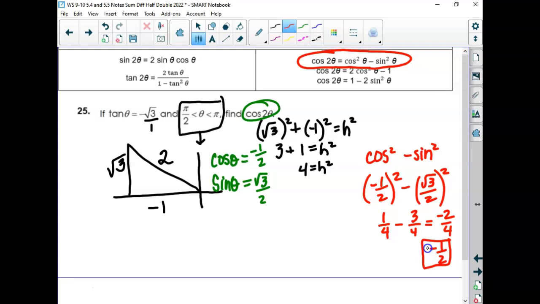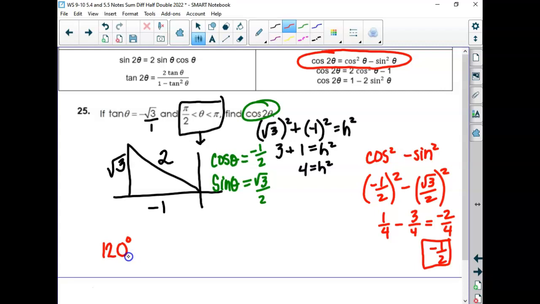Can we talk real quickly through that? Can anybody find in quadrant 2 where the tangent is negative square root of 3? Just tell me in degrees. It's easier for our little brains. Where's the tangent negative square root of 3 in that quadrant? We're in this quadrant. Is it at 120?